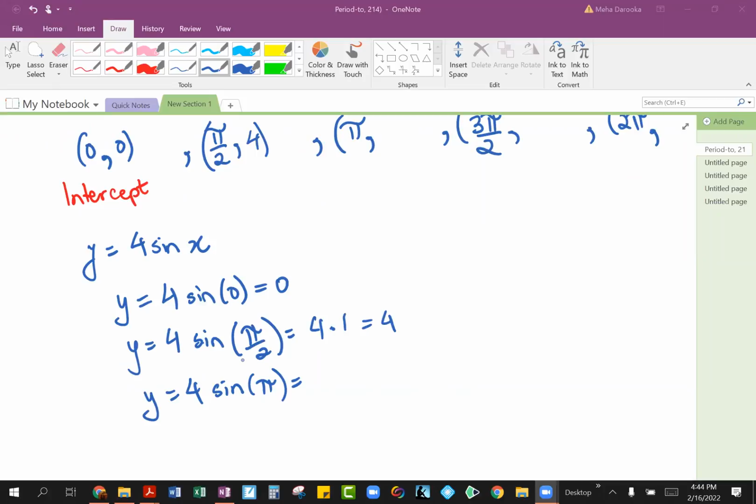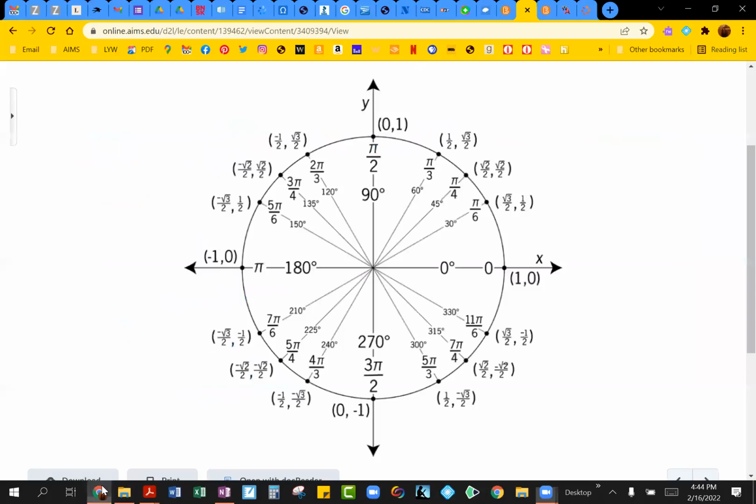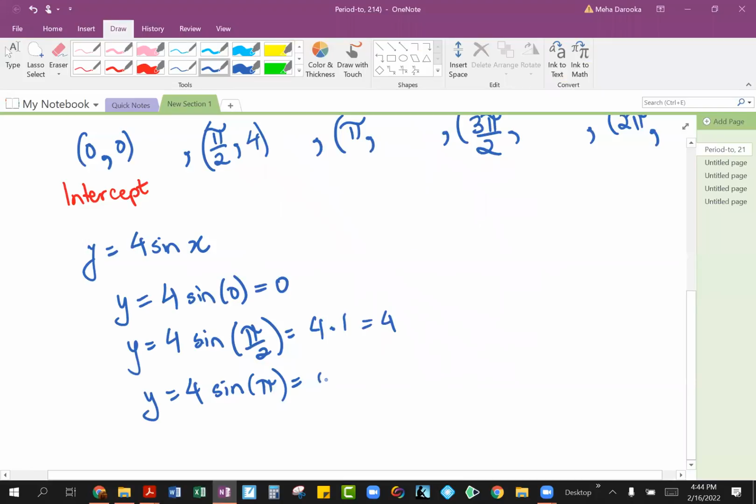Okay, Melanie, you give me -4. Yeah, Andrew, Lucy, very good. Because at pi, your sine value is actually going to be 0. So you're doing 4 times 0, which will end up giving you 0 at pi. So what's happening here, guys, is at pi halves and 4 is where we will have the maximum value. But then back at pi, we will be back at the intercept.